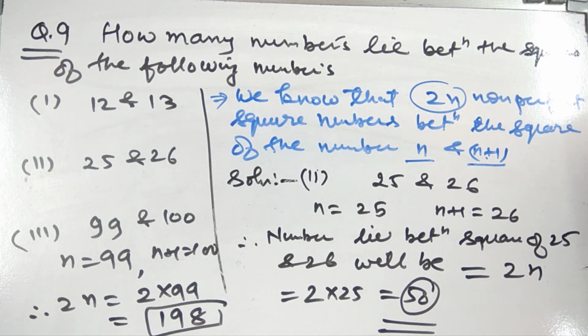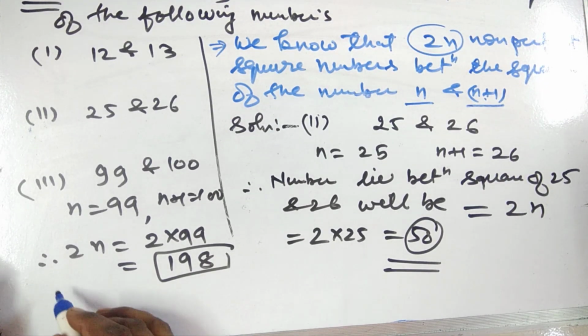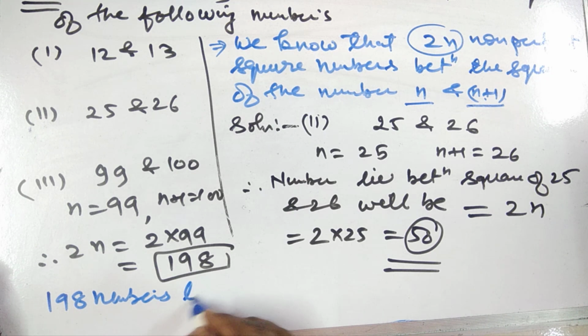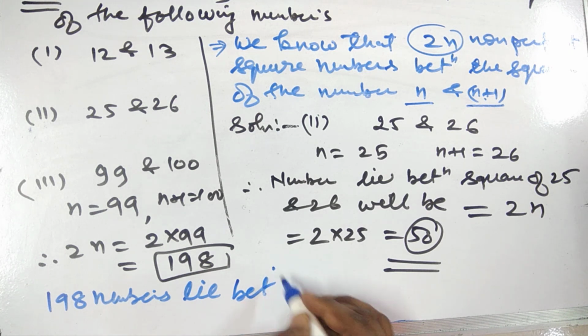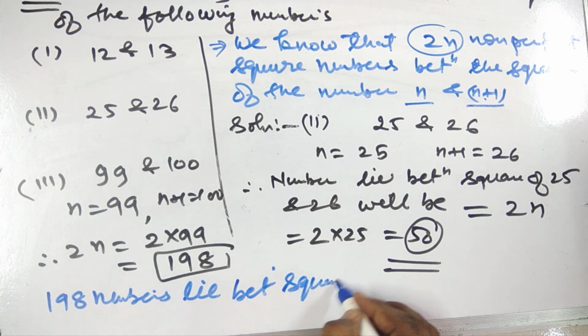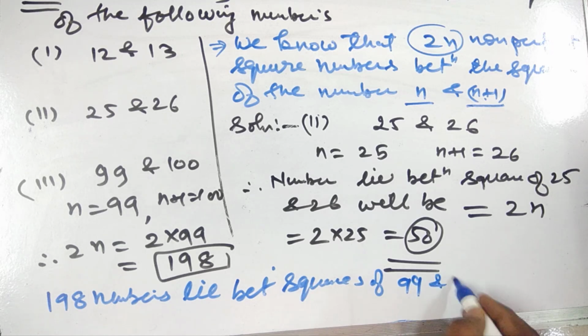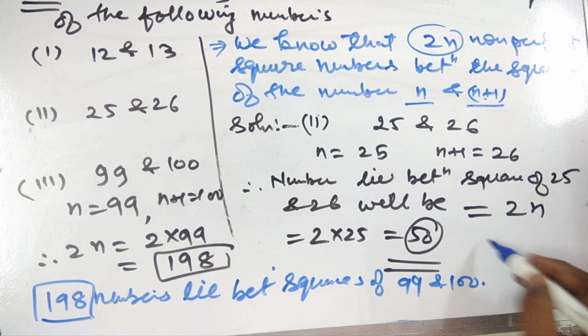So 198 numbers lie between the squares of 99 and 100. So this is the answer, students.